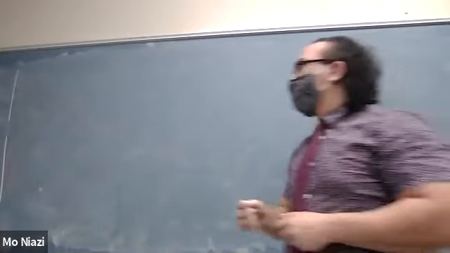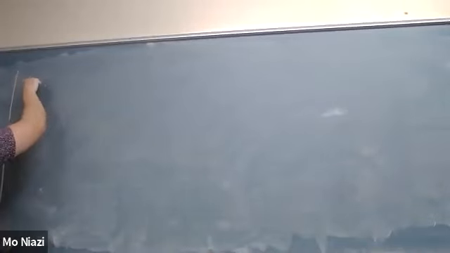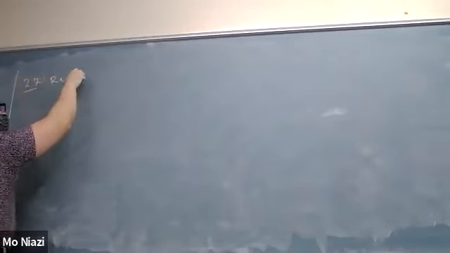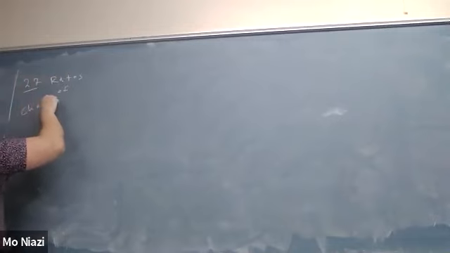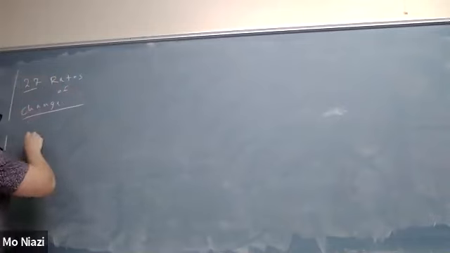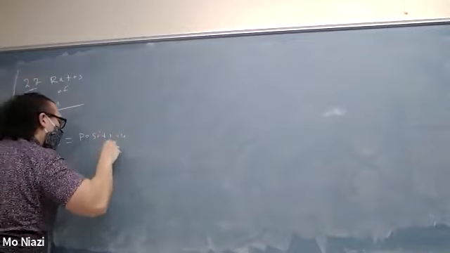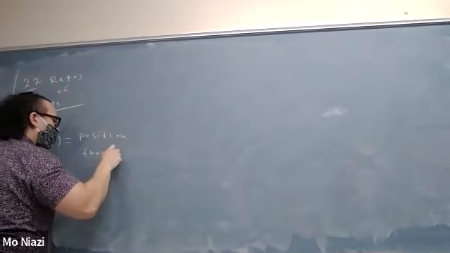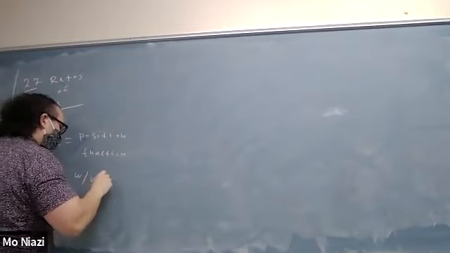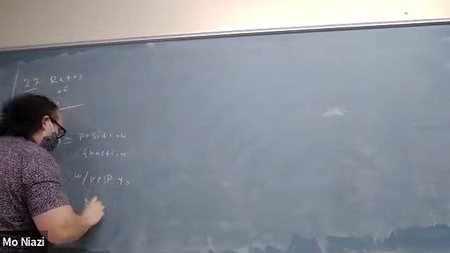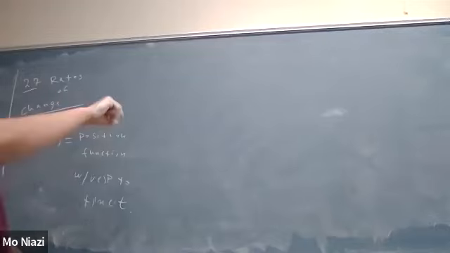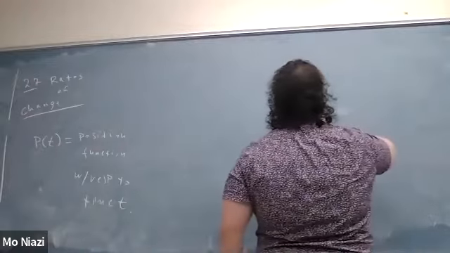So 2.7, rates of change. This all stems from the fact that given a position function, so let's say this is a position function with respect to time t. What do we mean by that? Let's give a simple example.